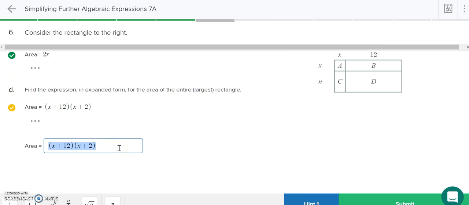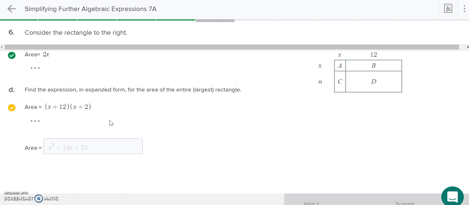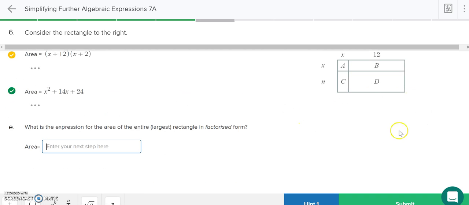And then they want me to work that out. So I've got to expand this binomial now. And what I'm going to do is use FOIL. So I'm going to go x squared, my first terms. Then I'm going to go the outer terms plus 2x. Then the inner terms plus 12x. 2x and 12x is 14x. So plus 14x. Plus the two last terms, 12 lots of 2. And that's going to give me the area of the whole thing.